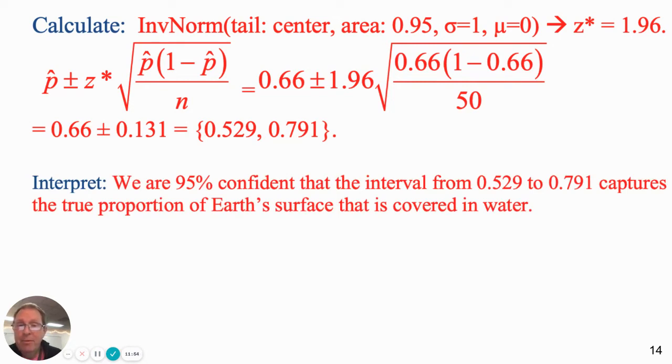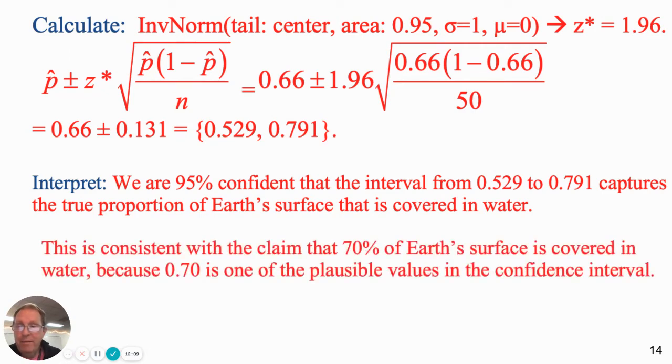We are 95% confident that the interval from 0.529 to 0.791 captures the true proportion of the Earth's surface that is covered in water. And just as a note, this is consistent with the claim that 70% of the Earth's surface is covered in water, because 0.70 is one of the plausible values in the confidence interval.